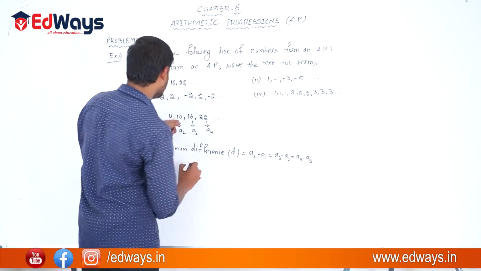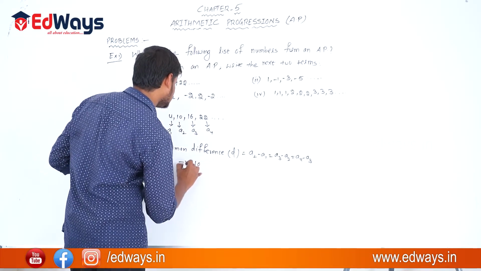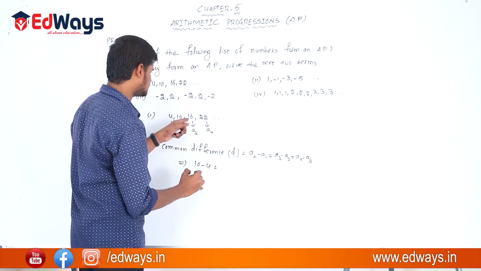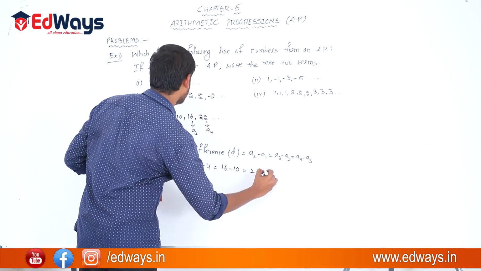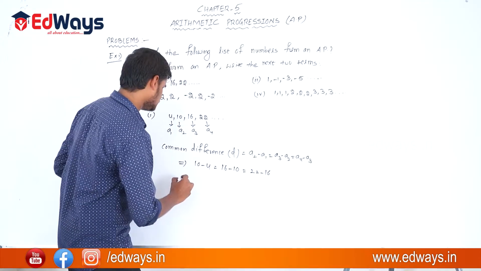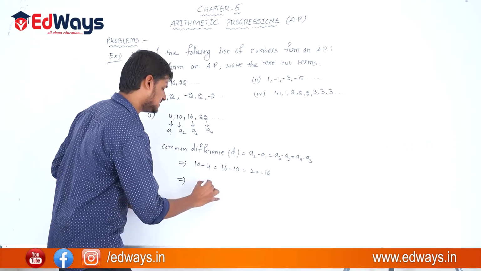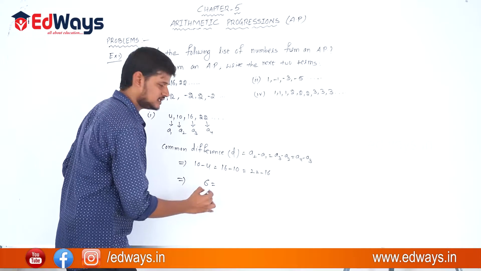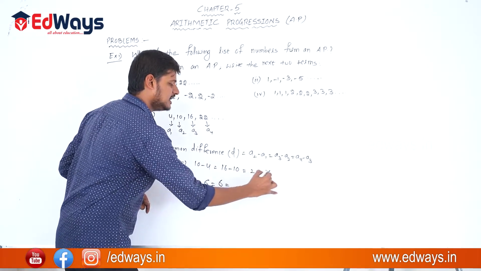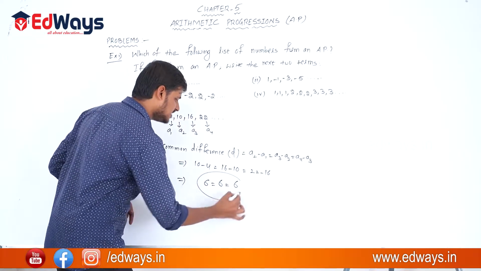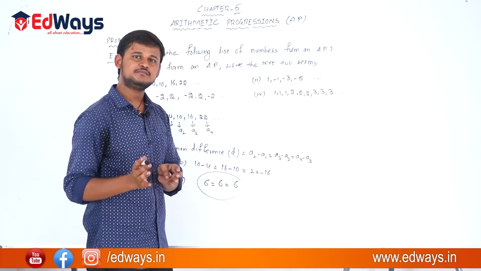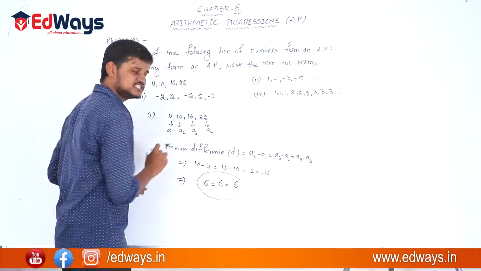Okay, so now A2 minus A1, that is 10 minus 4, equals 16 minus 10, equals 22 minus 16, right? What is 10 minus 4? 6. 16 minus 10? 6. And 22 minus 16 is 6, right? So that means the common difference is the same throughout the given list of numbers.